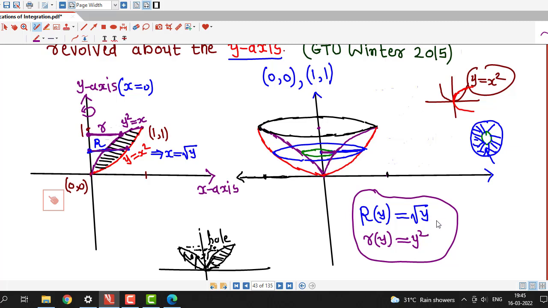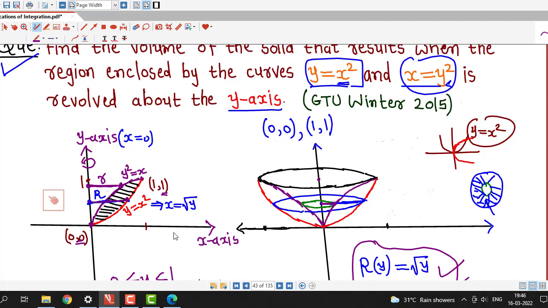In this way we can decide the outer and inner radius, and once we decide these two things, we have to decide the limits of integration for the variable y. Here the value of y is 0 at this point, and at this point the value of y is 1. So the limits of integration will be from 0 to 1. So this is the main thing.